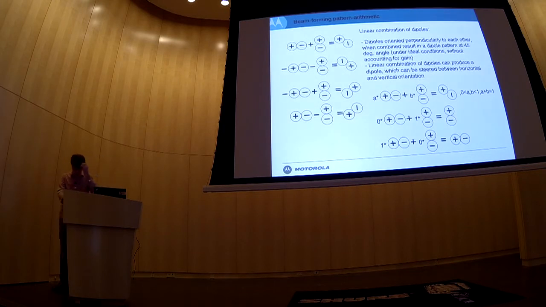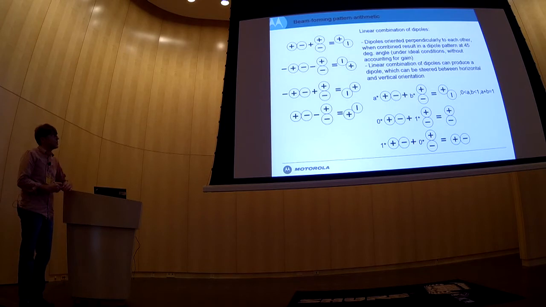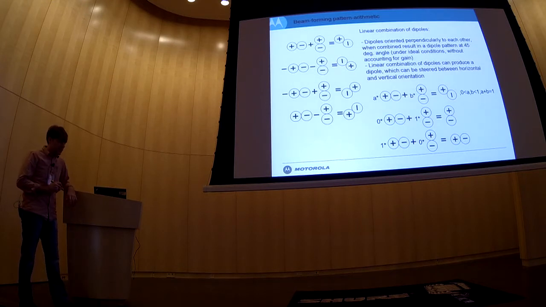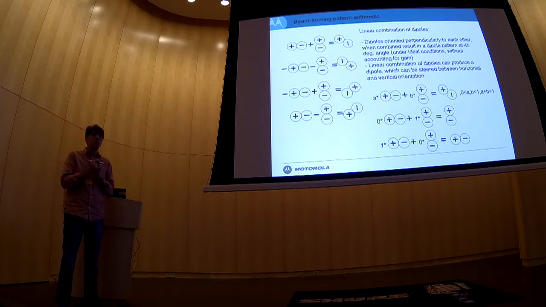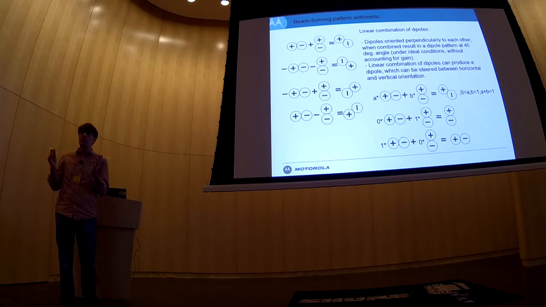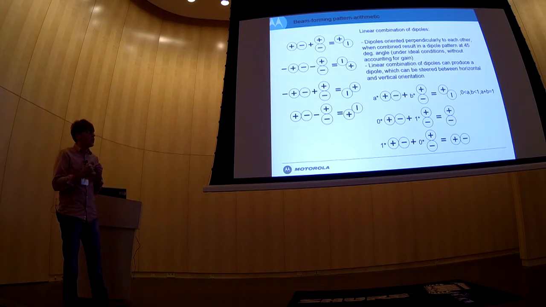Okay, so I have a few slides on this beamforming pattern arithmetic. And what that is meant to illustrate is that if we have two systems or a couple of systems that produce some fundamental components, by combining these components, we can get a signal that has desirable spatial properties.